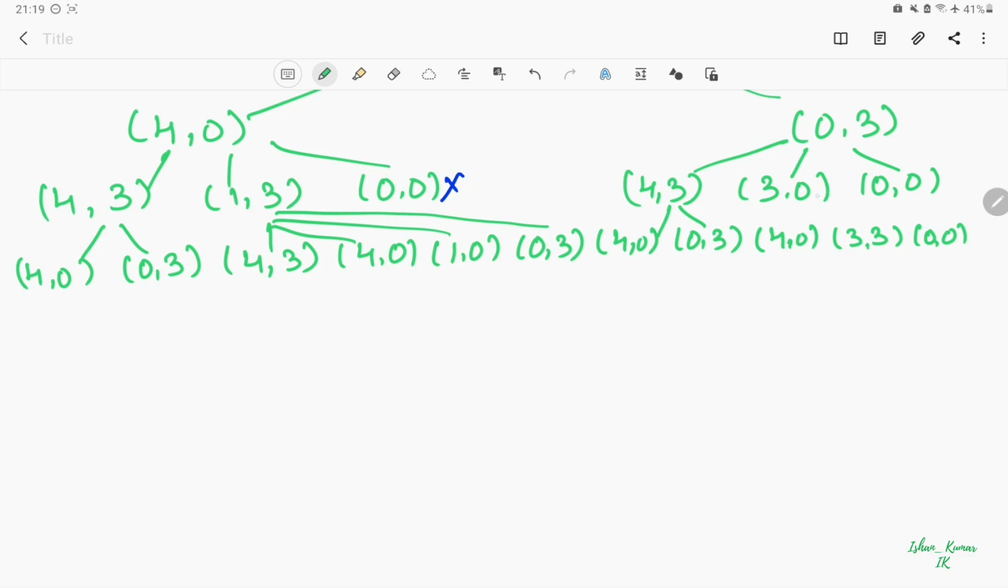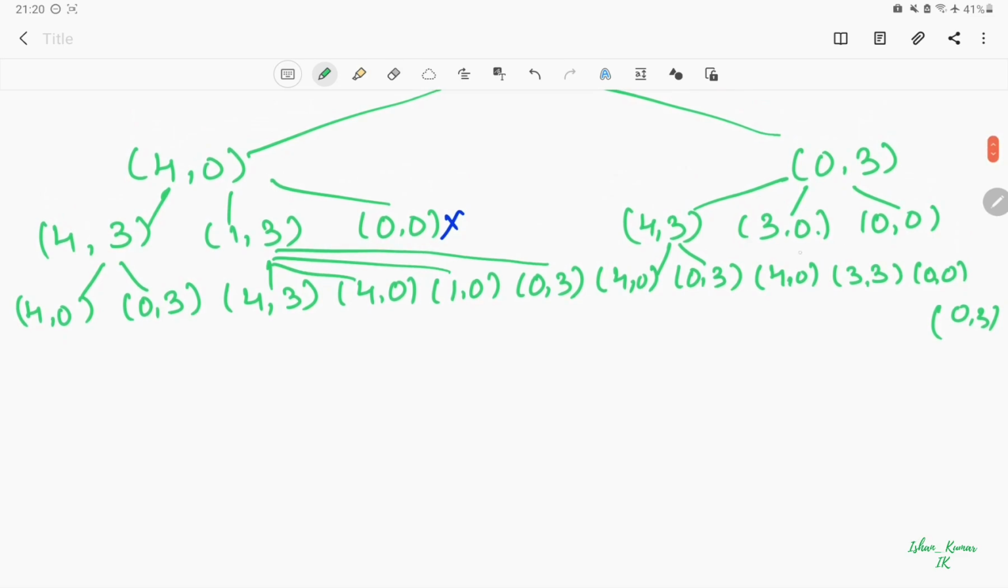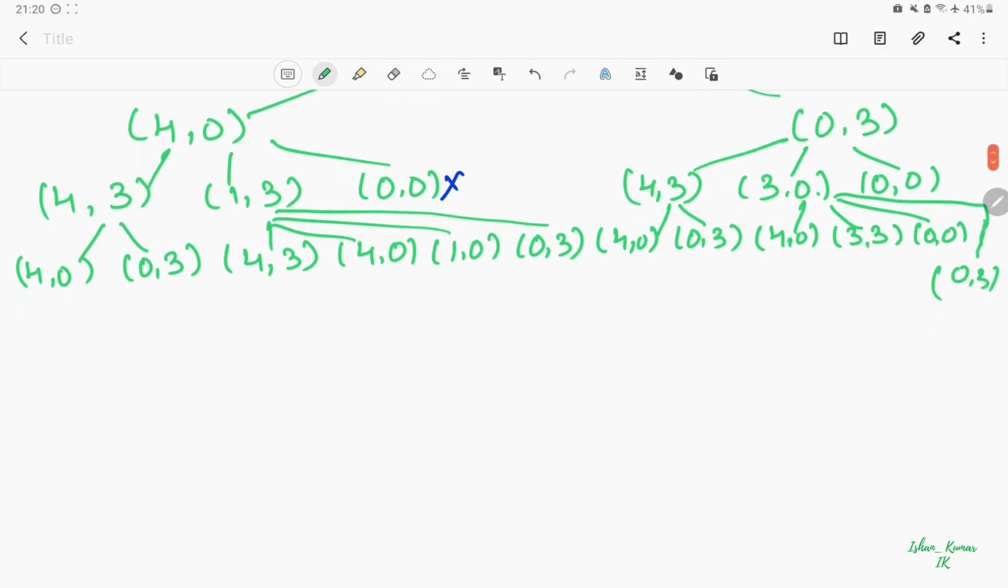If I fill the second one, it will be 3, 3. If I pour water, that one was left and that will be 0, 3. So these are the possible states which I can get from this state, 3, 0.